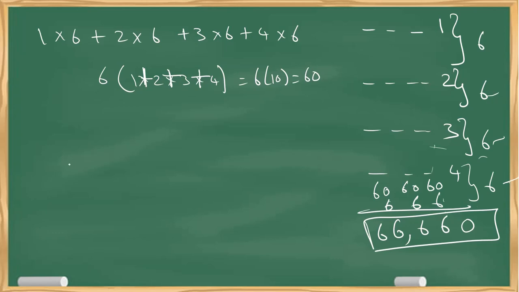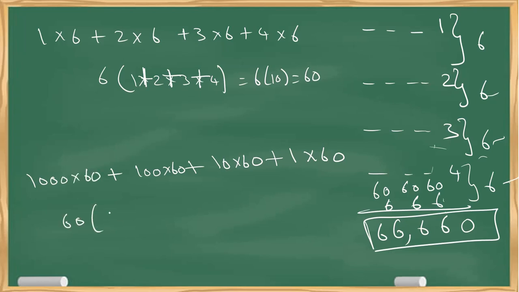Okay, let me clear it more. So for units position, I'll get 60, correct? Similarly, for tens position also I'll get 60. For hundreds position also I'll get 60. Yes or no? I got 60 here. And for thousands position also I'll get 60. So if I take 60 common, what do we get? 1000 plus 100 plus 10 plus 1.